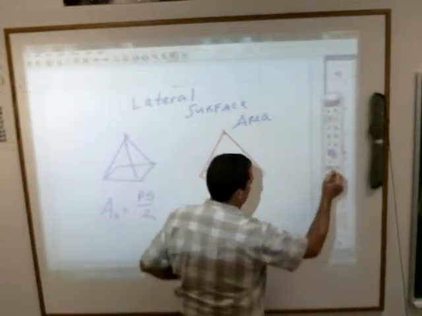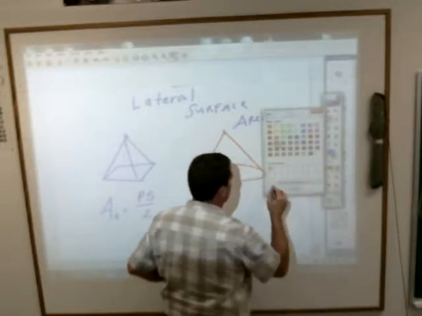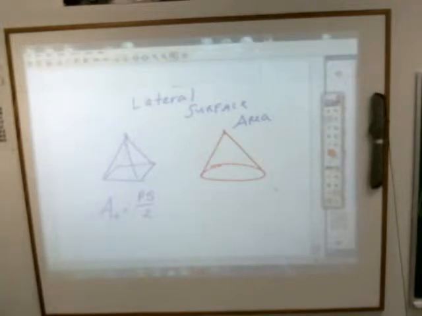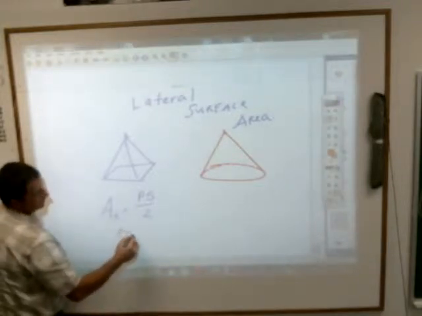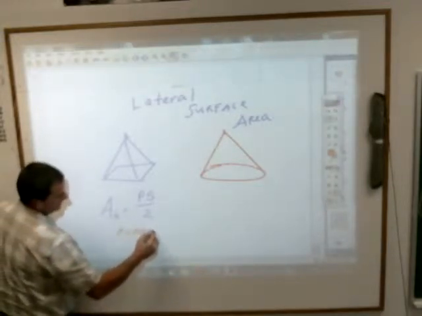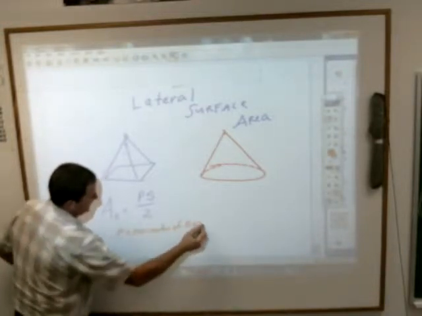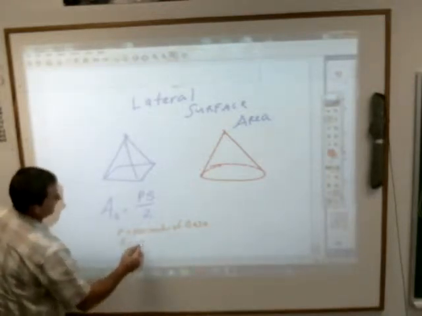Which would lead you to ask the question, Jack, what does PS mean? When you put it on an envelope, it means postscript, doesn't it? But not here. P is the perimeter of the base. P equals perimeter of base. And the S equals, guess what the S is? Yes, the slant height.